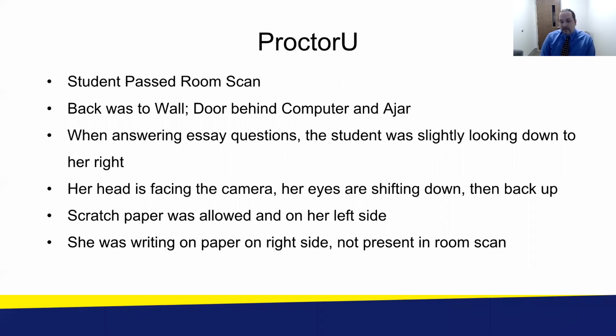Her first response actually was to claim that she just had a near photographic memory, and that her responses were just because she had just read these Wikipedia articles on that topic. But once we brought the video in and showed her the different pieces of evidence, she did admit that somebody came in behind the computer after the exam had started and had given her those answers as she was reading them aloud. They had looked them up so that she could see it and then handed it to her on that paper.